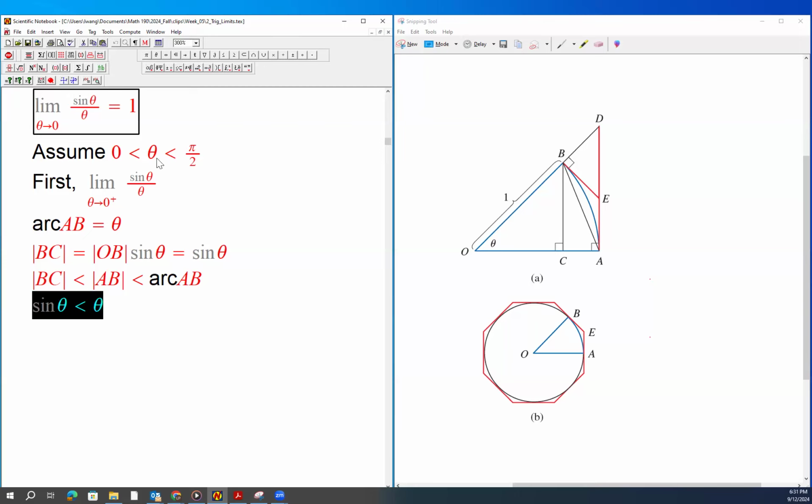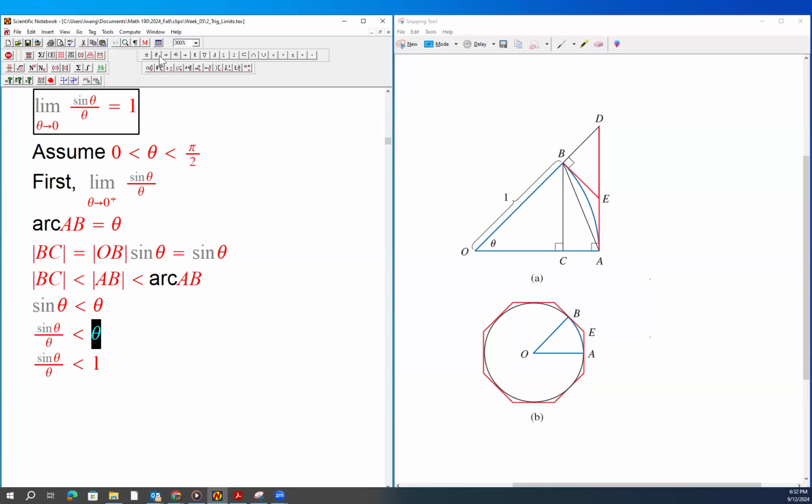Because theta is greater than 0, if we divide both sides by theta, we get sine theta divided by theta is less than 1.